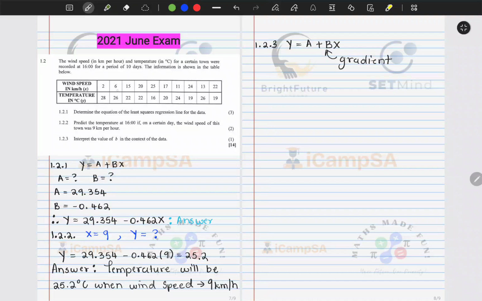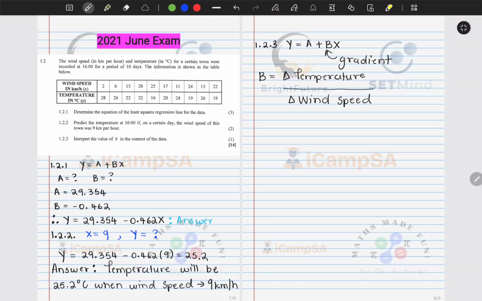But if you think carefully, it is the change in y, which is the change in temperature with respect to the wind speed. Okay, so if you think carefully, our B is given by our change in temperature over our change in wind speed.